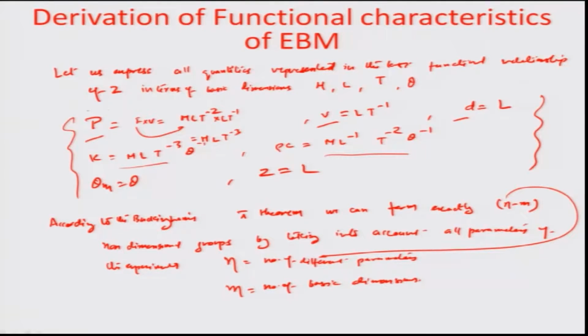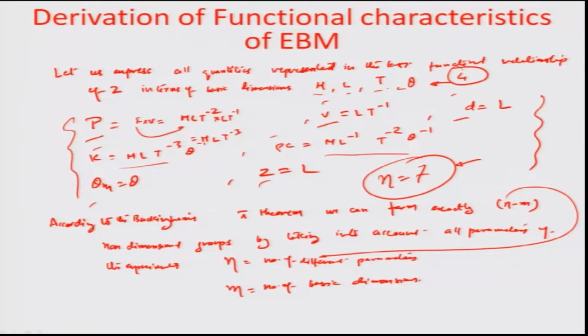You have 7 different parameters here: power, velocity, diameter of beam, thermal conductivity, the volume specific heat capacity, temperature theta, and Z being the depth of melting temperature. So, there are about 7 different basic parameters related to the experimental process, and you are representing them in terms of 4 basic dimensions, that is mass, length, time and temperature.